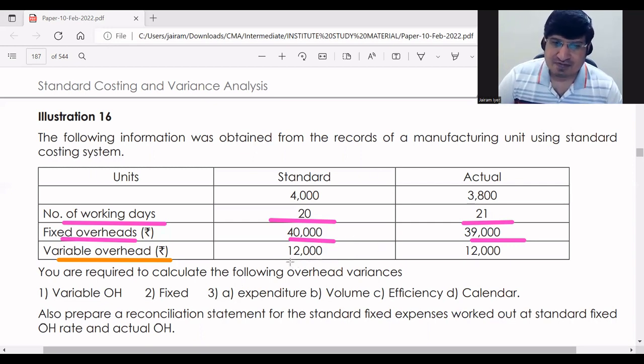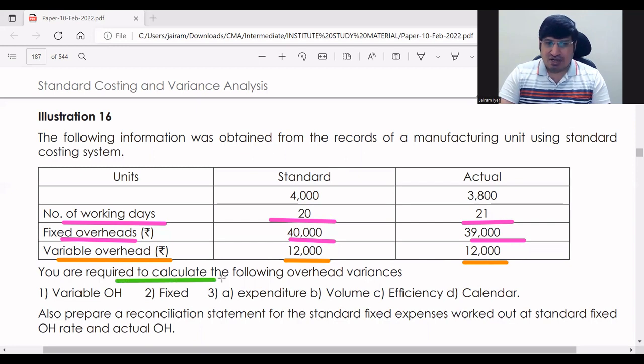So here standard variable overheads were 12,000, actual was also 12,000, okay. So this variance also we have to find out. Now let's see what the problem is asking. You are required to calculate variable overhead variance, that is the total variable overhead variance, okay.